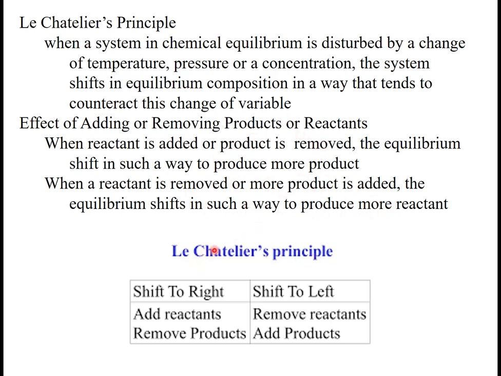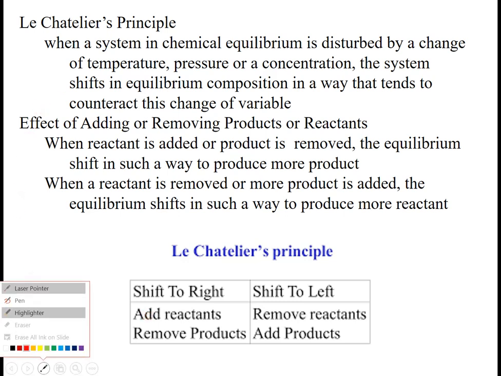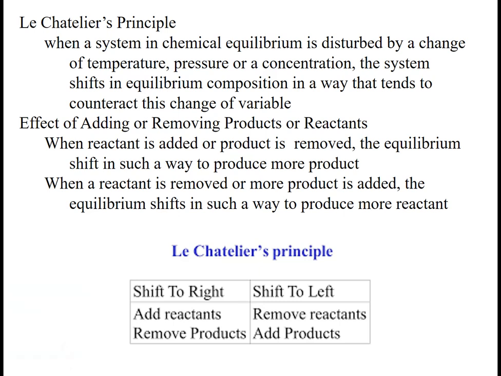I found this image down here that basically if I add something, when I add, it shifts away. So when I add a reactant, it shifts right, and right, of course, is the products.